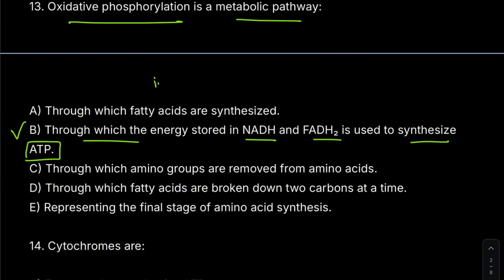In the inner mitochondrial membrane. Electrons from NADH and FADH2 travel through the electron transport chain, creating a proton gradient that powers ATP synthase to produce ATP.